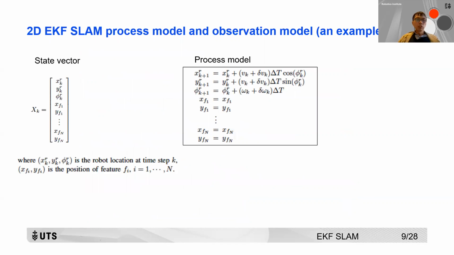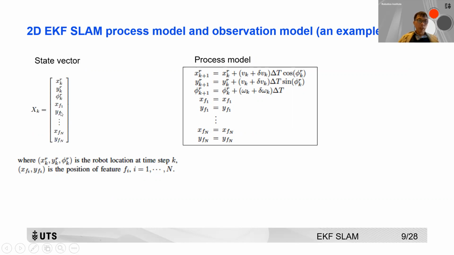In EKF SLAM, suppose we are talking about 2D cases. The 2D EKF process model and observation model are something like this. First, the state vector, including robot pose at time k, which is the position x, y and the orientation phi, and also the feature positions.